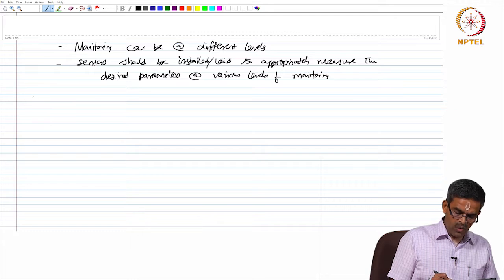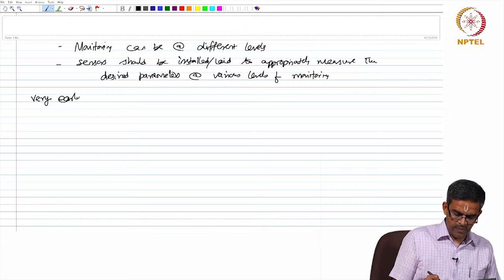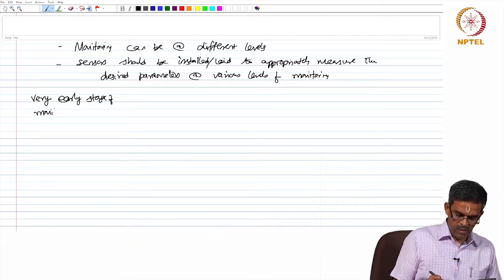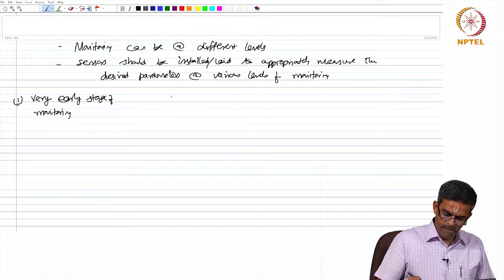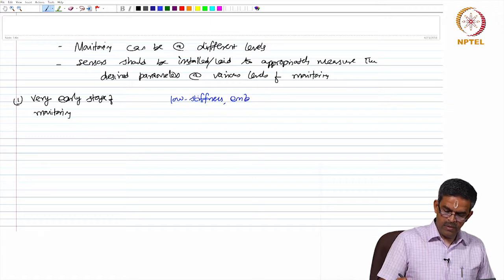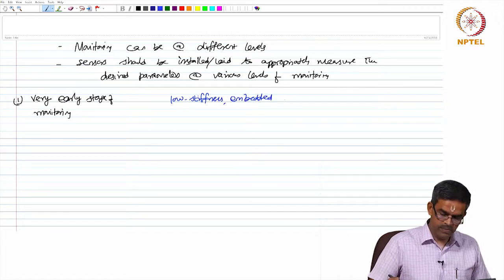One can do what is called very early stage of monitoring. In this case, low stiffness embedded sensors are used.